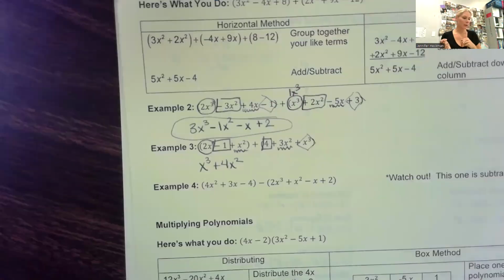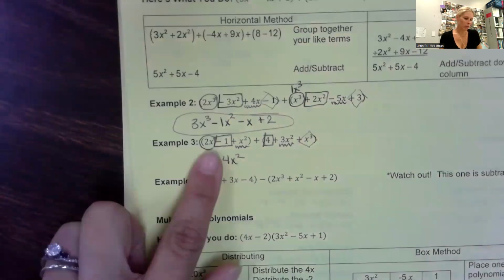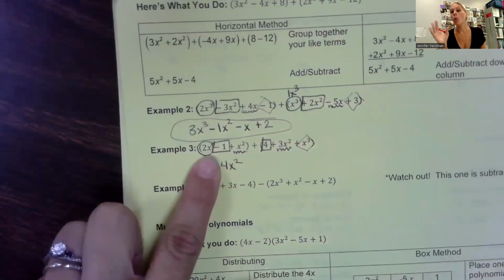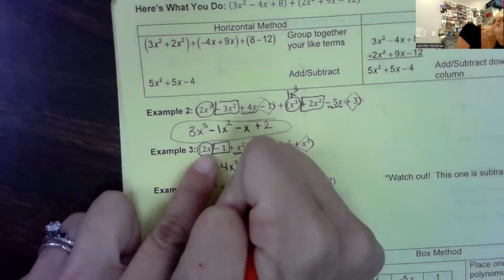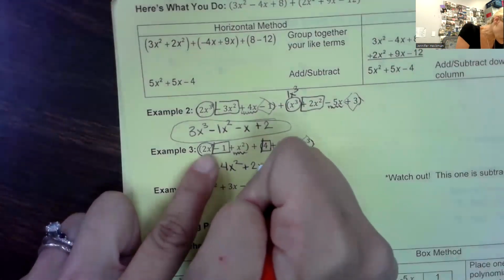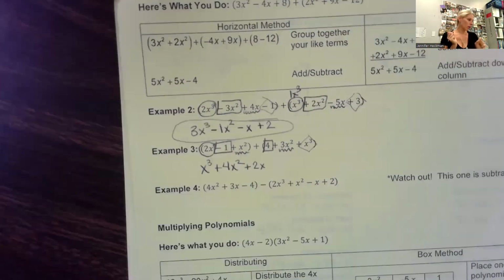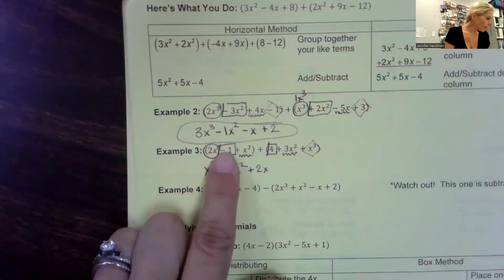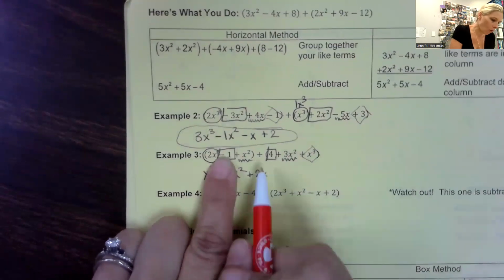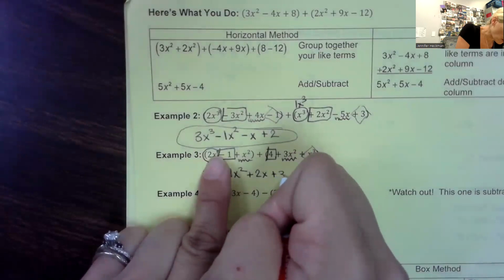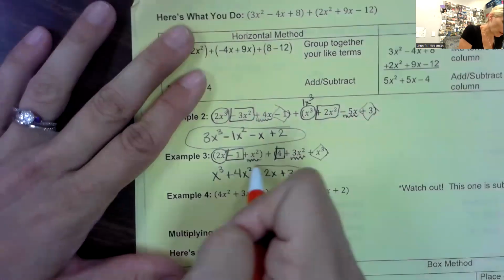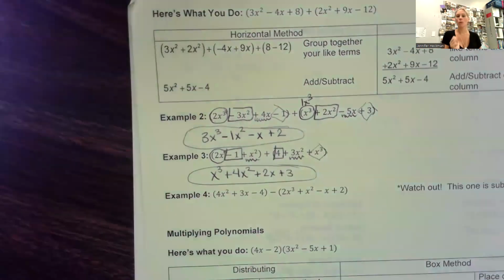Okay, I got my x squared. Let's do our x's. Well, there's only one term to put together, and that term has positive 2x. Now we're going to go to our constant. We have -1 and 4. -1 plus 4 is a positive 3. And that is in standard form, so we're ready to go.